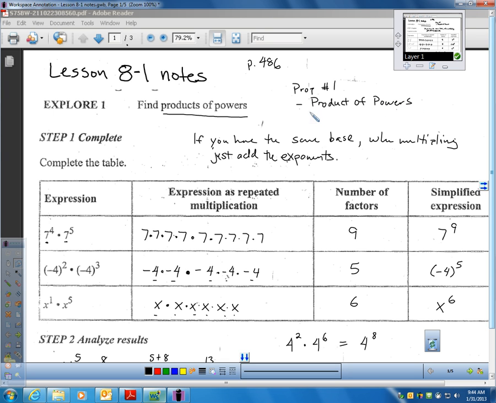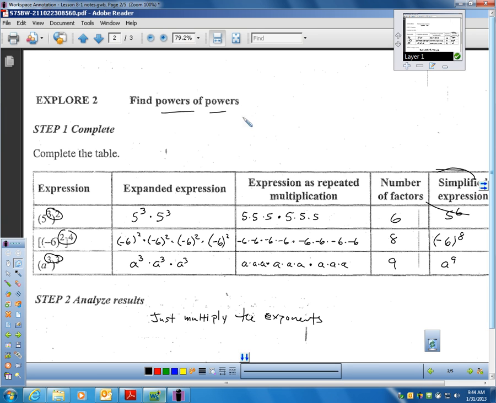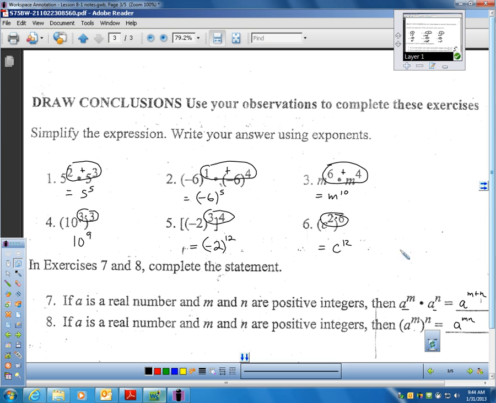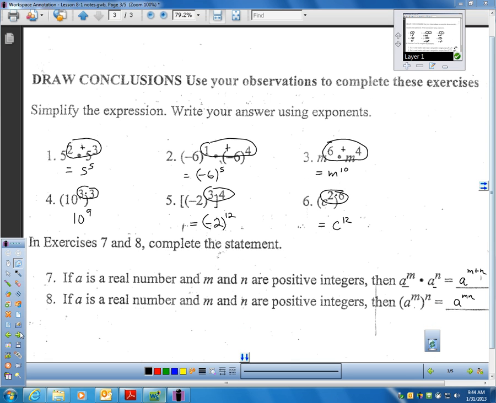So that's the first property we've learned. I'll probably ask you what are the properties of exponents that we learned. Product of powers would be the first one. And then we also learned on top of page 490, we have the second property, and I can just write it right here. The second property is the power of powers property. Okay? All right, so then this little sheet went through those, just a little practice over those first 2 properties.